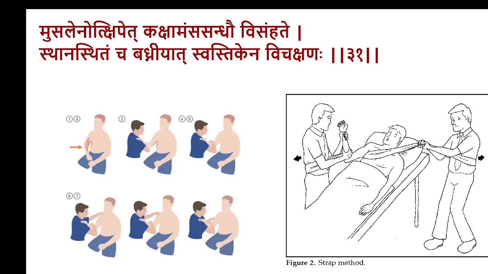In case of the dislocation of the shoulder, Sushruta says, Musalena utkhipet kaksham amsa sandhausham hare sthanastitantyapadnyat swastikena vichaksharaha. Musala is the pounding rod, onake. It has to be used to lift the area of the arm and the shoulder, and then the bone has to be placed in.